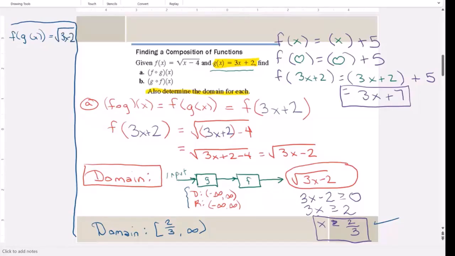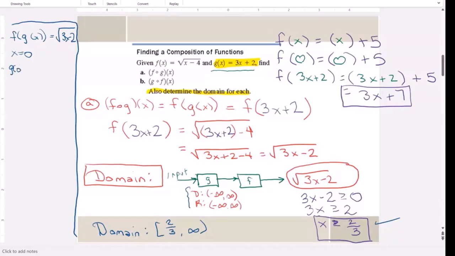So if I put x equals 0, the first thing it's going to do is g of 0, which equals 3 times 0 plus 2, which equals 2. Okay? All right. Out comes 2.